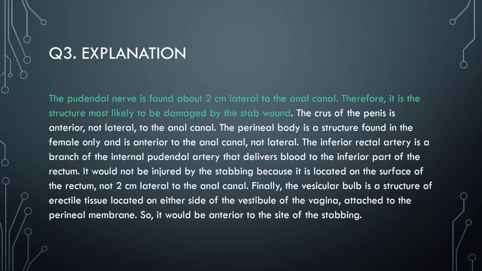Finally, the vestibular bulb is a structure of erectile tissue located on either side of the vestibule of the vagina, attached to the perineal membrane, so it would be anterior to the site of stabbing, not lateral.